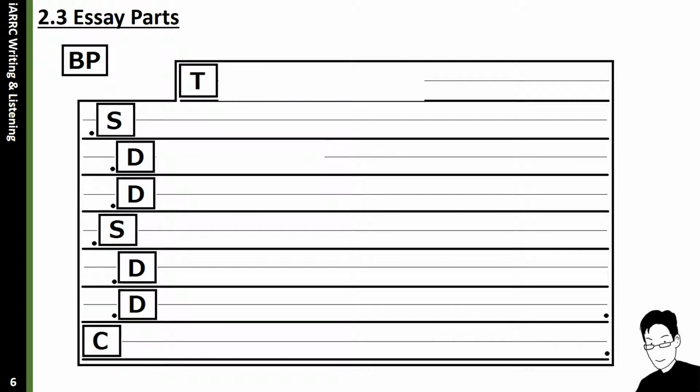Next, we have the body paragraphs. The body paragraphs make up the main part of the essay. There are usually multiple body paragraphs, 2, 3, 4. Each body paragraph starts with a topic sentence. A topic sentence gives the main point of the body paragraph. And this topic sentence supports the thesis statement given in the introduction.